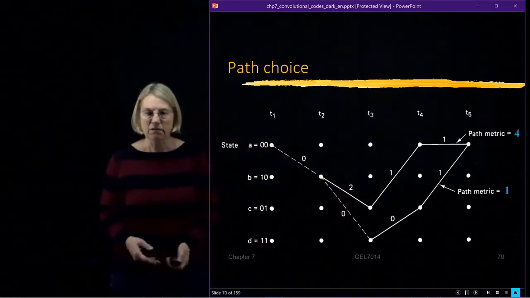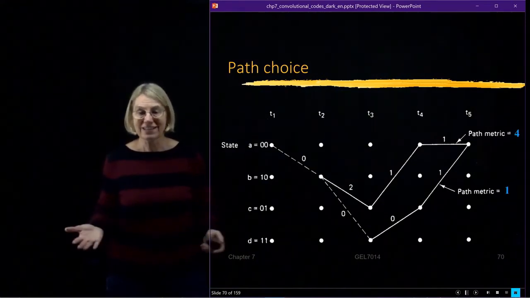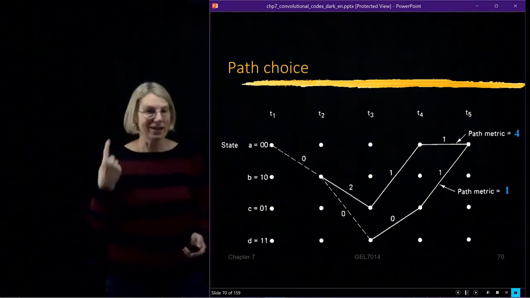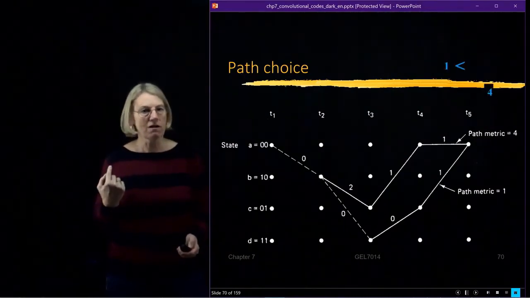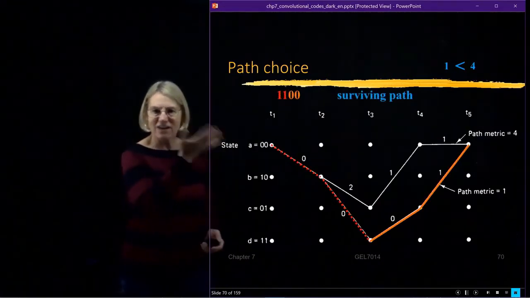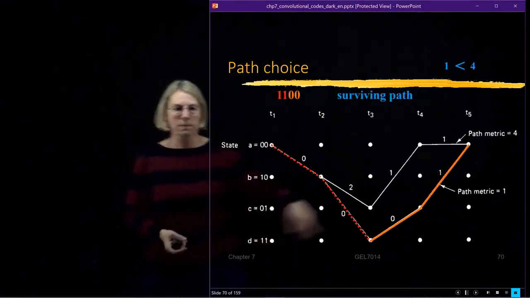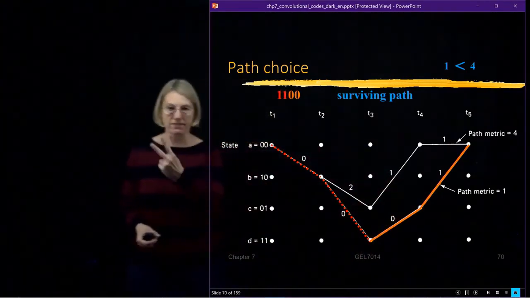Which is more likely? Is it more likely that I had 4 errors, or 1 error? Well, 1 is smaller than 4, and in a channel with p less than 0.5, that would be more likely. So the bottom path is the more likely path of the two.